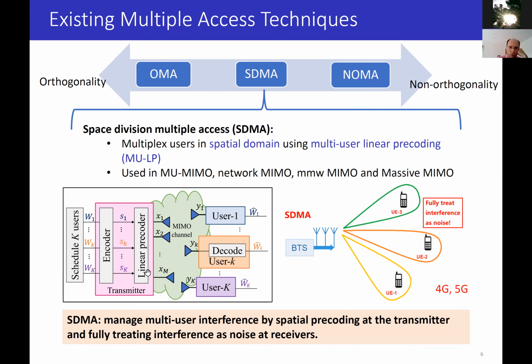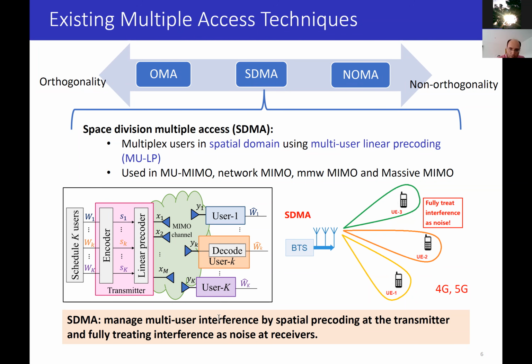You linearly precode them. Those precoders create different beams that each carry one message. At the receiver, each receiver decodes its intended stream by treating any residual interference as noise. So each of those receivers, say user 3, may see some interference from user 2 and user 1's messages, but it will treat it as noise. So it has a relatively simple receiver where any interference is treated as noise.